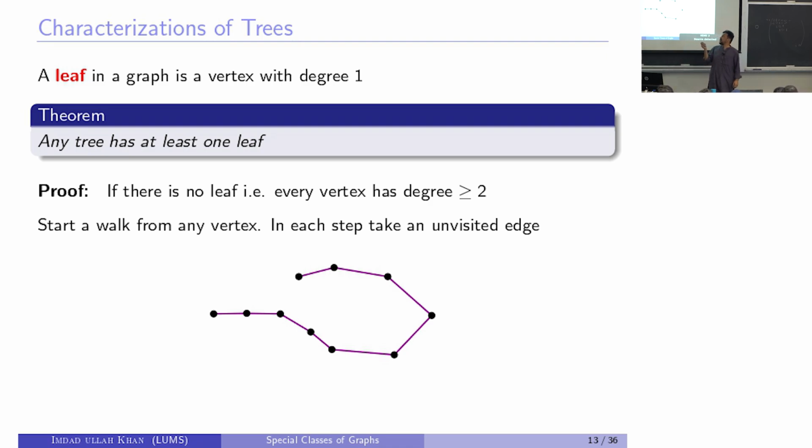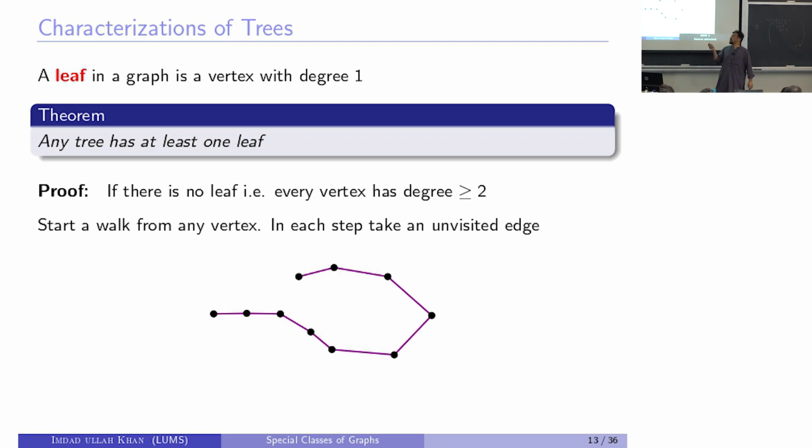When will I be stuck? Why can't I move out? What is the instruction? Use an unused edge. When can I be stuck? So when there are no more unused edges, right?